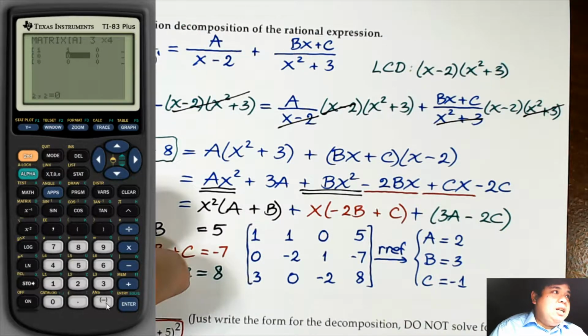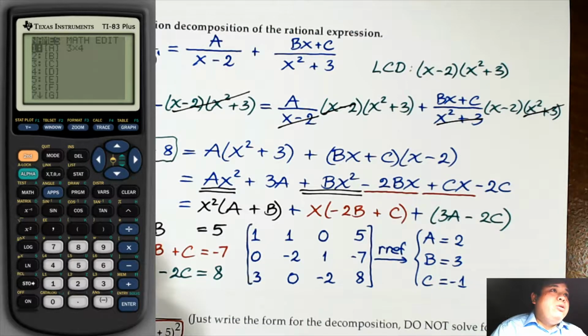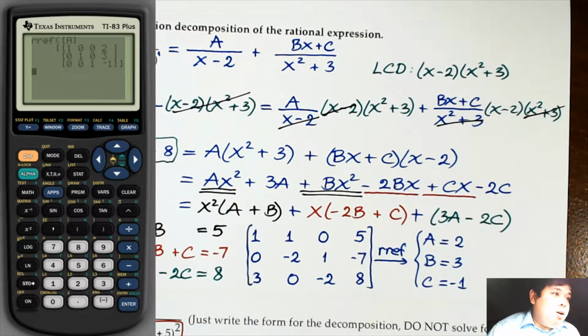Again, the negative key is going to be this one and not the subtract. -2, 1, -7, 3, 0, -2, and 8. Right, quit. Now we have to go to the matrix again. This time we have the matrix A under names. So hit Enter. I'm sorry, Enter. And we should have the same thing. Right, so that's all for the calculator.